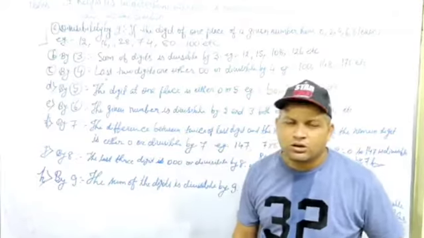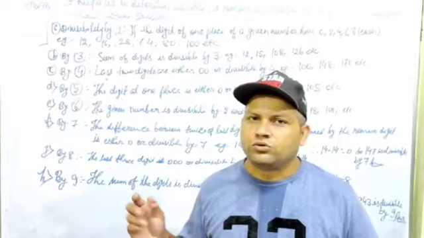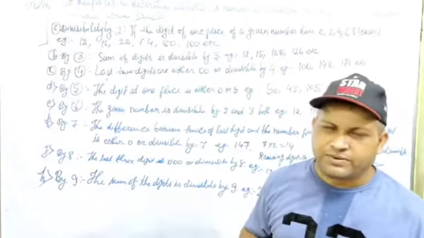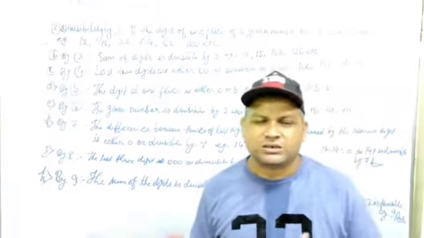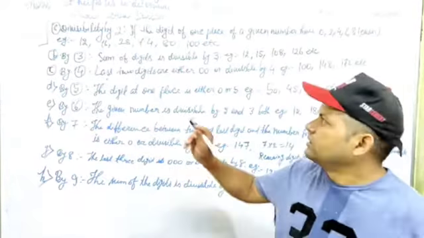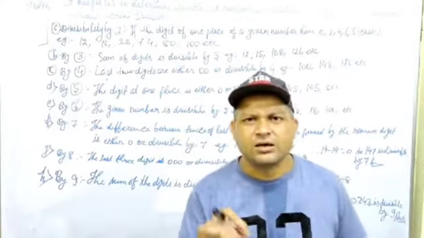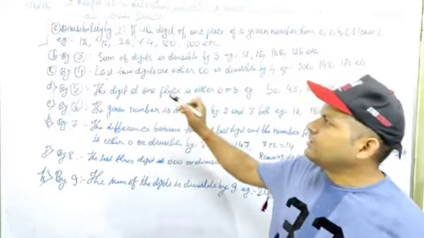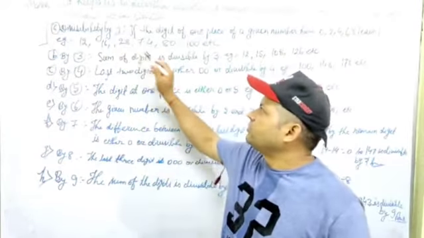So first of all, look at the divisibility rule of 2. It means we have to check whether the given number is divisible by 2 or not. For this purpose the technique is known as the divisibility rule, as shown here, divisibility by 2.